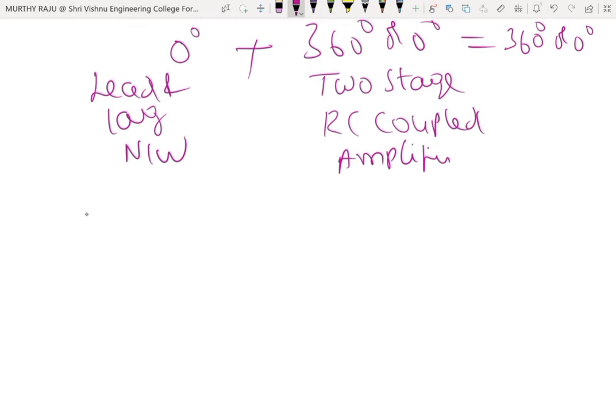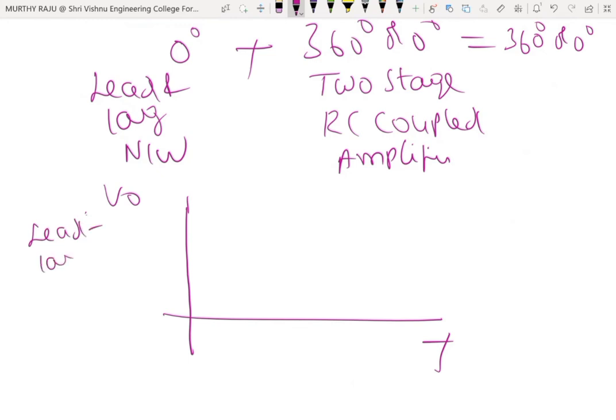Here, another curve is output voltage. This is the frequency versus output voltage of the feedback network, the lead lag network output voltage. At low frequencies, the output voltage gradually increases.